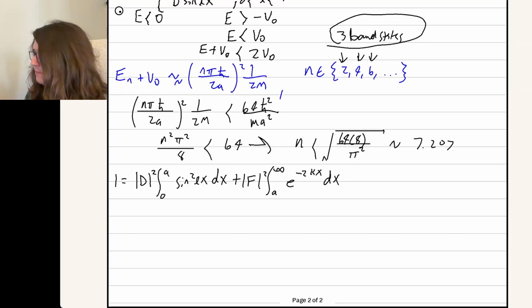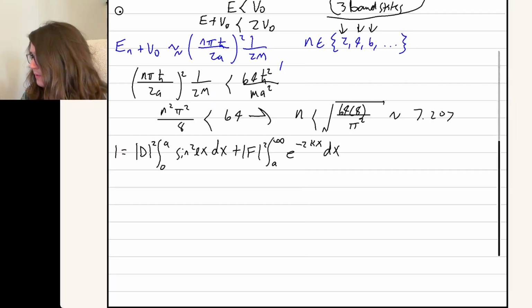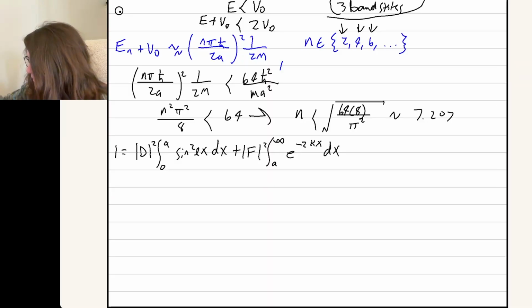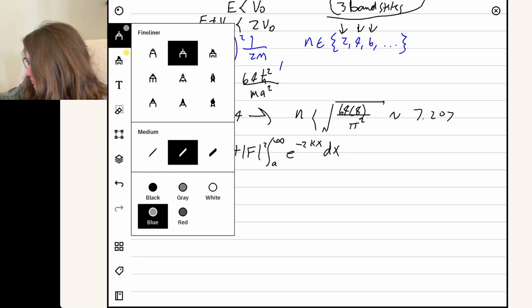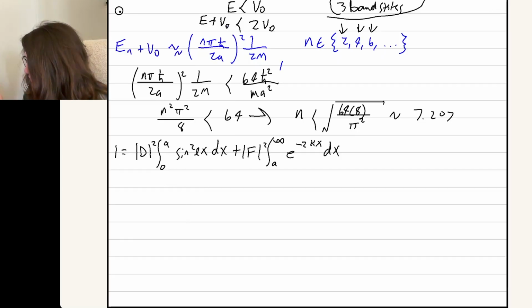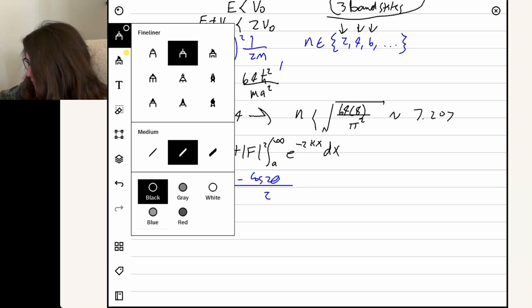This is pretty standard stuff here, I think. We'll use the relationship that sine squared theta equals 1 minus cosine 2 theta over 2, a pretty good identity to do the integral.